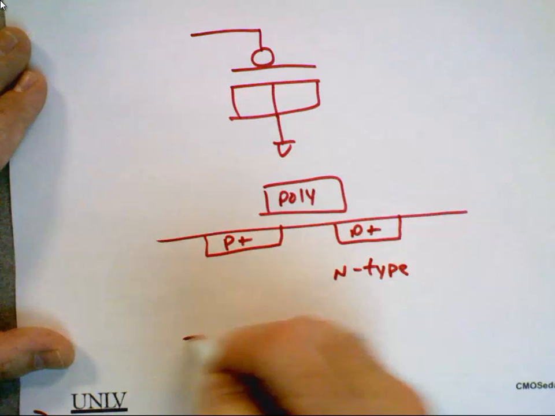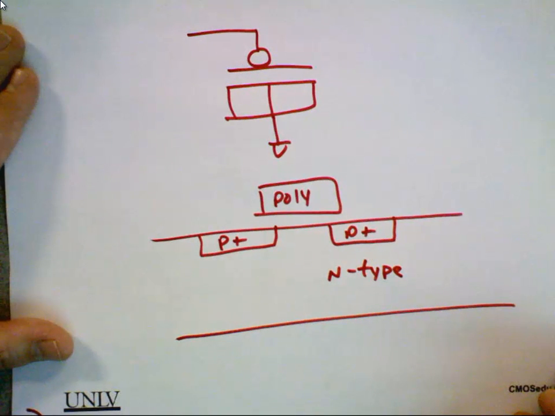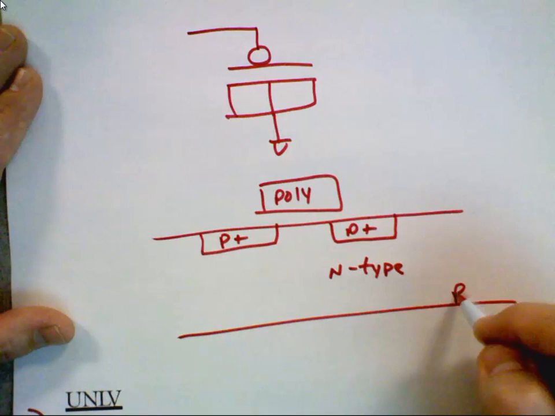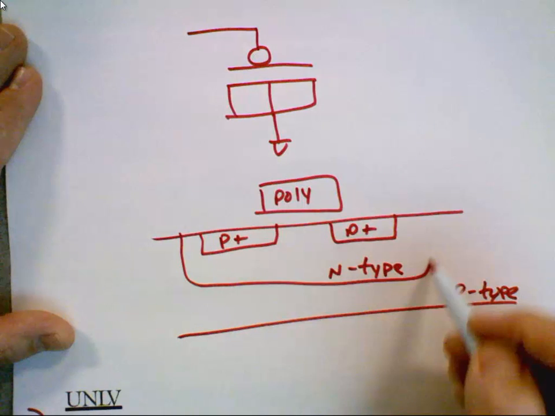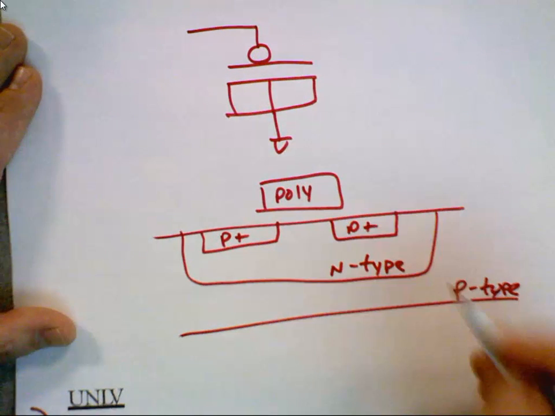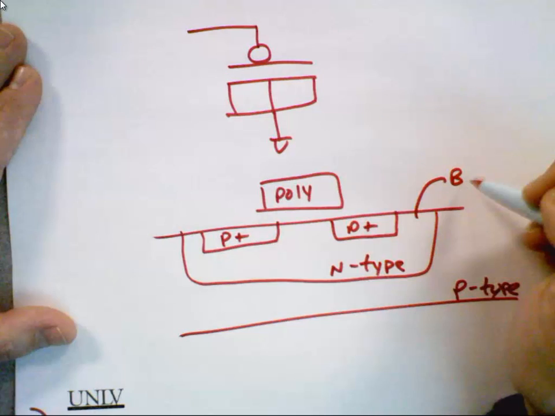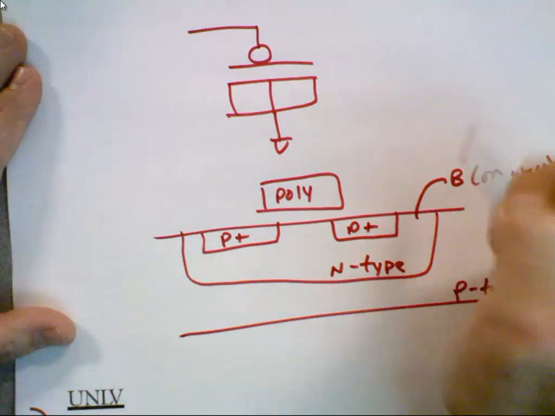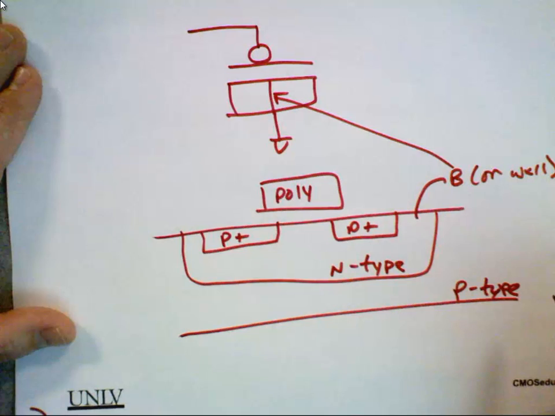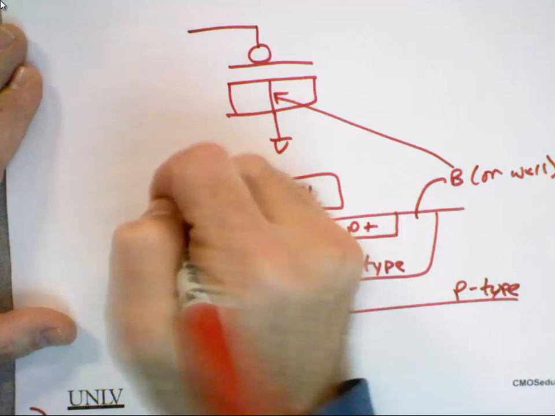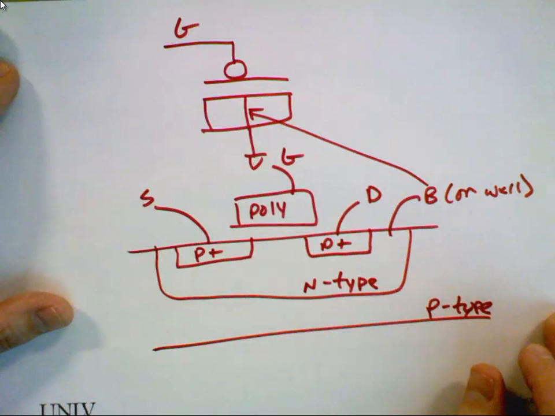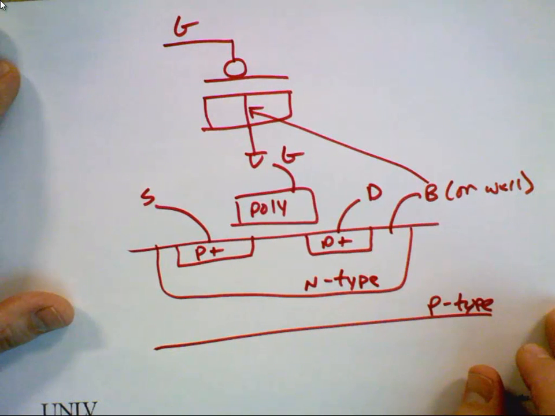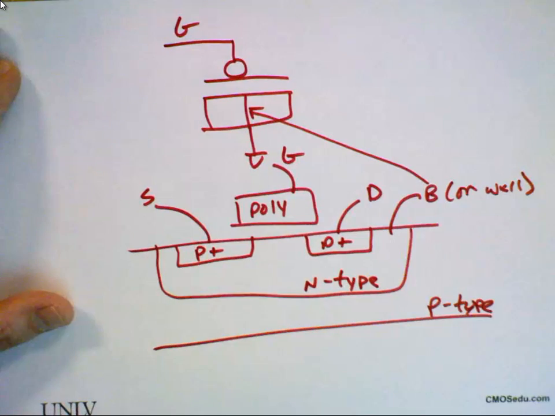Now, in CMOS, all modern processes, or even older ones, use what's called an N-well to get the body of the PMOS device. And so this is the well, or the body, and that's this right here. Then here is our source, here is our drain, here is our gate. Okay, so let's do it very quickly the first way. Let's apply a positive potential.